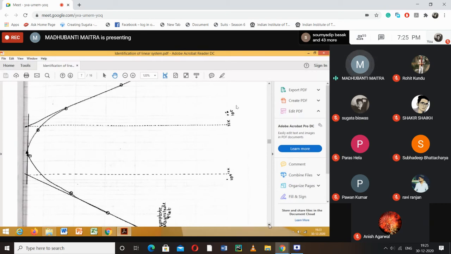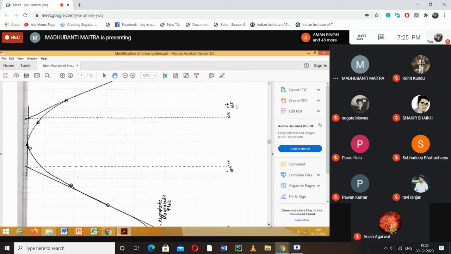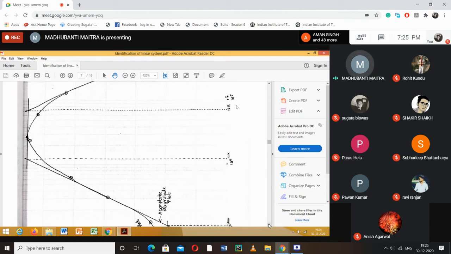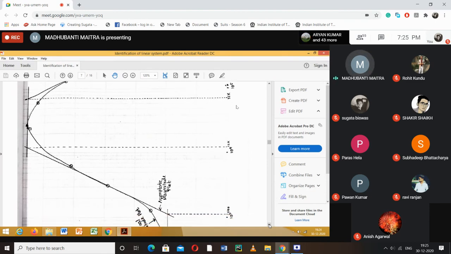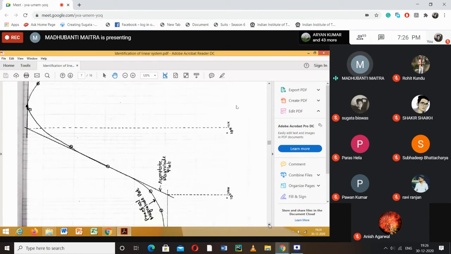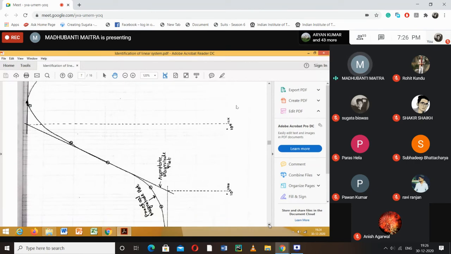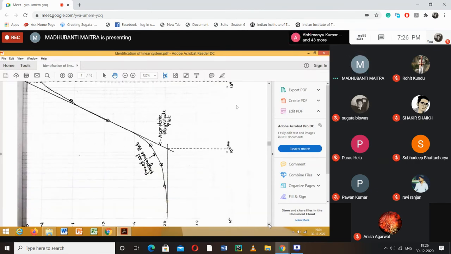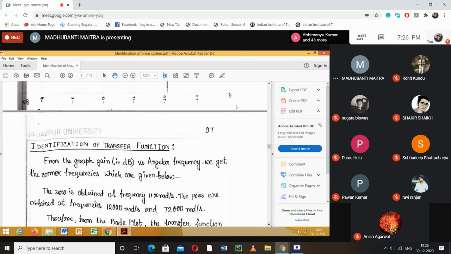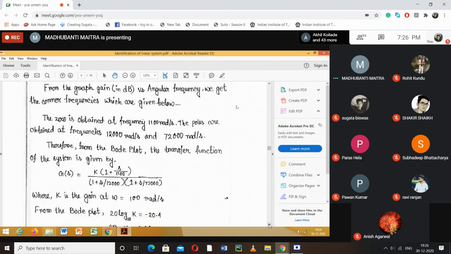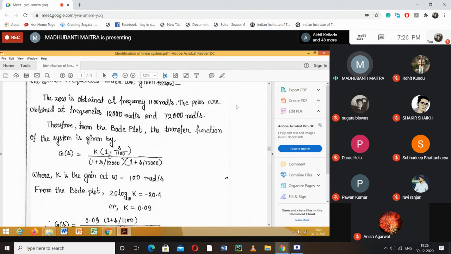Be careful about the typos or incorrect circuit diagram anyway, and just try to draw this magnitude frequency plot and try to identify the transfer function of the system. So this is the transfer function of the system, as now we know where the zero is located and where the two poles are located.